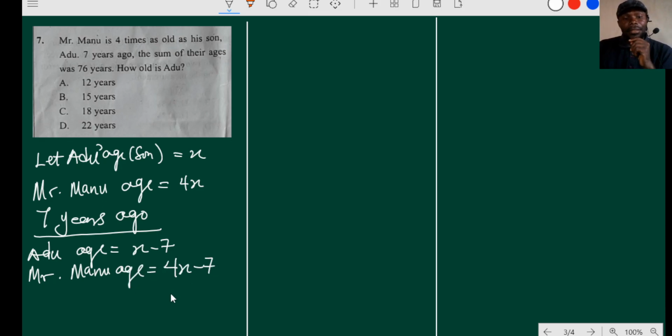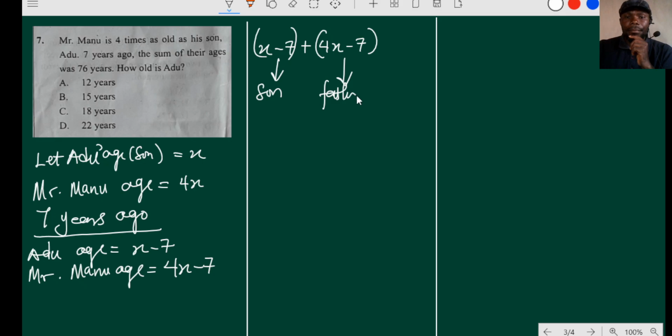But it said that the sum of their ages in that 7 years ago, they had it together. This is the son, and this is the father, which is Malu.